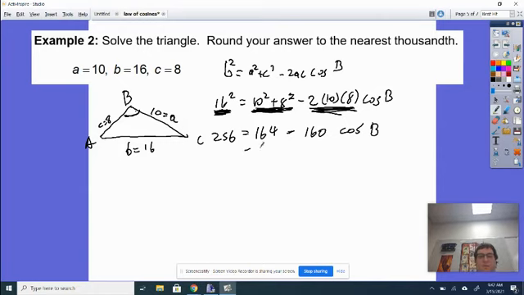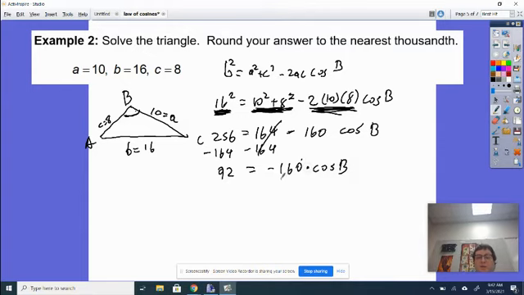So again, first step, 1, 2, 3. Second step, we want to move the first number over. And we're going to do that by subtracting. Always going to be subtracting. So this is going to turn into 92. That cancels. I'm left with negative 160 cosine of B. So I'm still trying to get B by itself. So I need to move this negative 160 over.